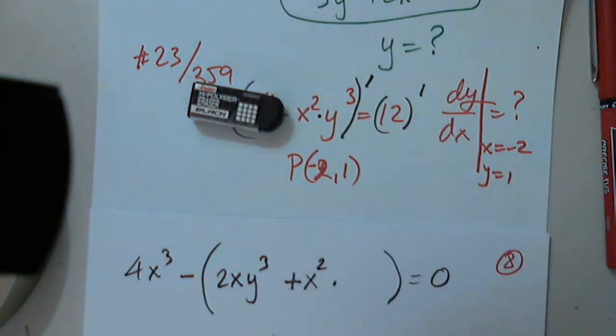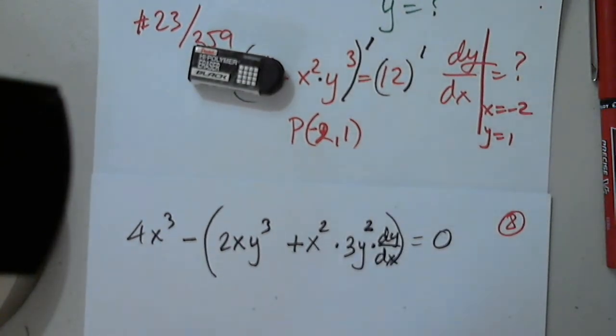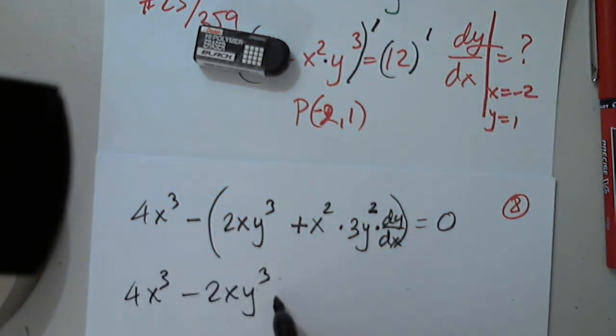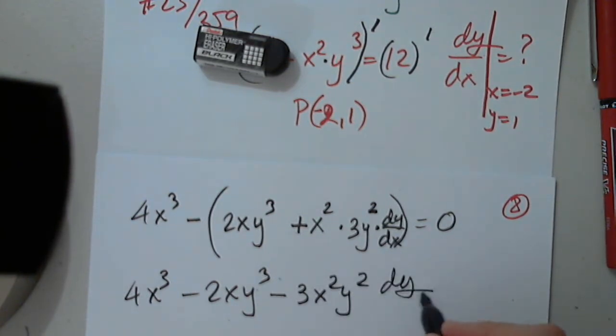We just did it a minute ago. 3y squared times dy over dx. Excellent. That's it. So now careful, let's distribute this. So 4x cubed minus 2xy cubed minus 3x squared y squared dy over dx equals 0.